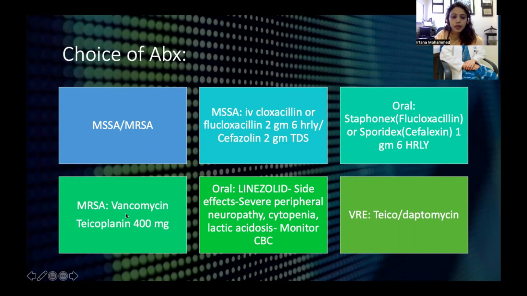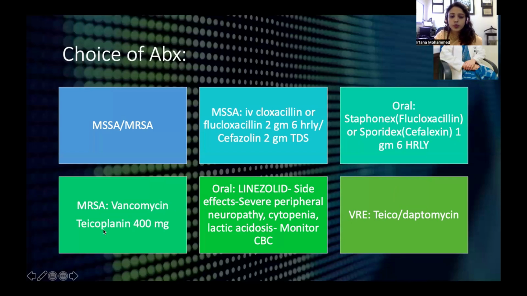If it is MRSA, then you give either vancomycin or teicoplanin. If the patient has osteomyelitis or endocarditis with MSSA, you need a long duration of treatment of 6 to 8 weeks. For the initial 2 to 3 weeks you can give IV, followed by oral flucloxacillin or cefalexin.